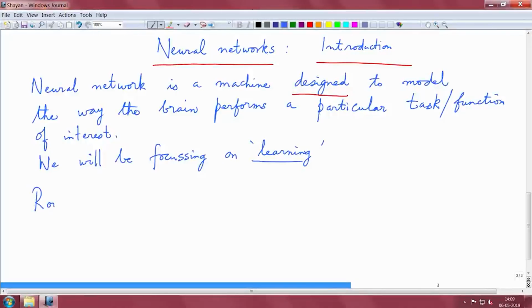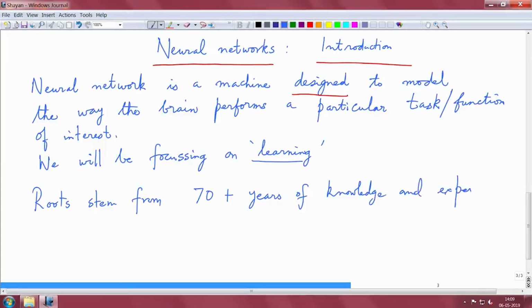So our roots stem from 70 plus years of knowledge and experience in signal processing, and neural nets is basically non-linear signal processing.